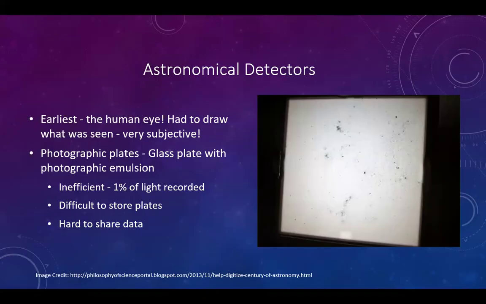It only records about 1% of the light that hits it. These are difficult to store, and it's hard to share the data from them, but they do have some advantages. Once you make them properly, they last for a really long time. Well, it's easy to retrieve the data.